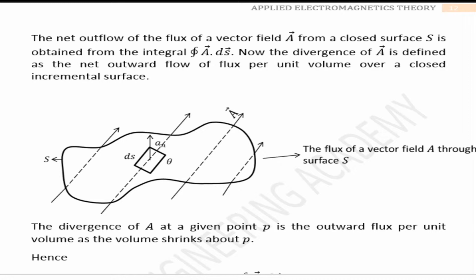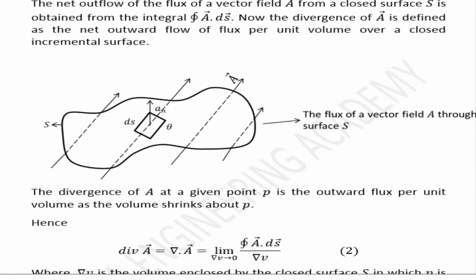So for a particular volume we are considering, and over this closed incremental surface, shown with dotted line, is the flux of the vector field through this closed surface S. Now the divergence of that vector at a point P is the outward flux per unit volume as the volume shrinks about P.